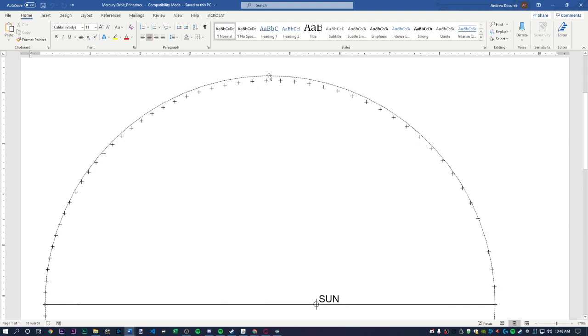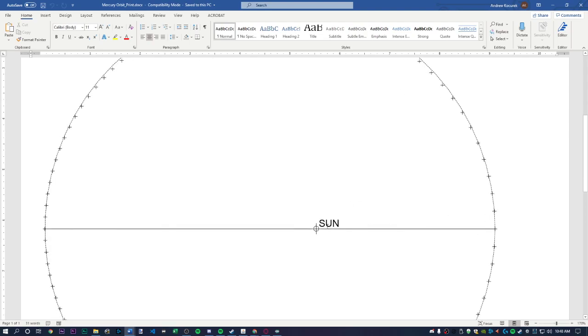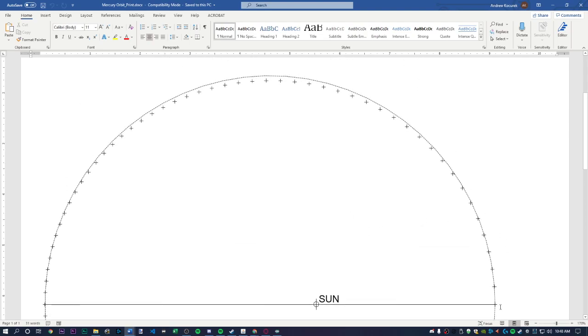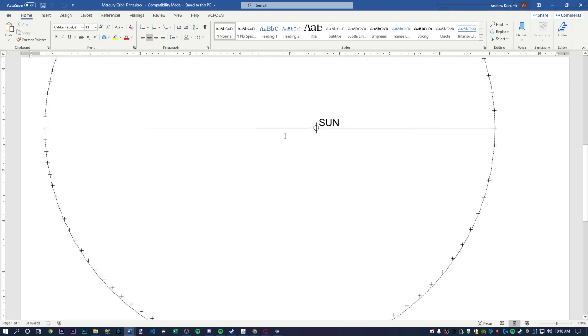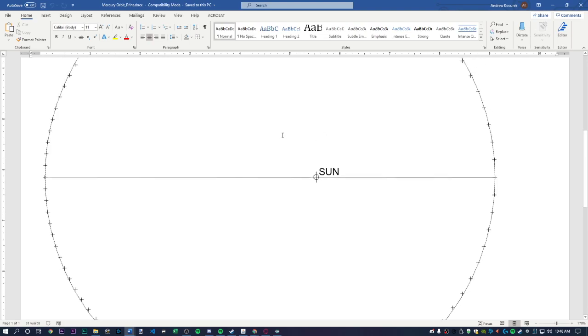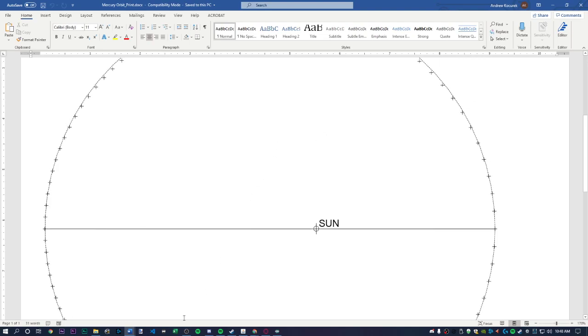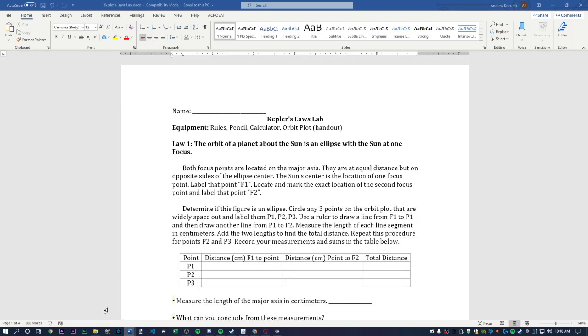And you can see as it gets up here, this dotted line is a true circle. So you can see Mercury's orbit is not a true circle. In fact, none of the planets' orbits or anything really is 100% a true circle. It's slightly eccentric.